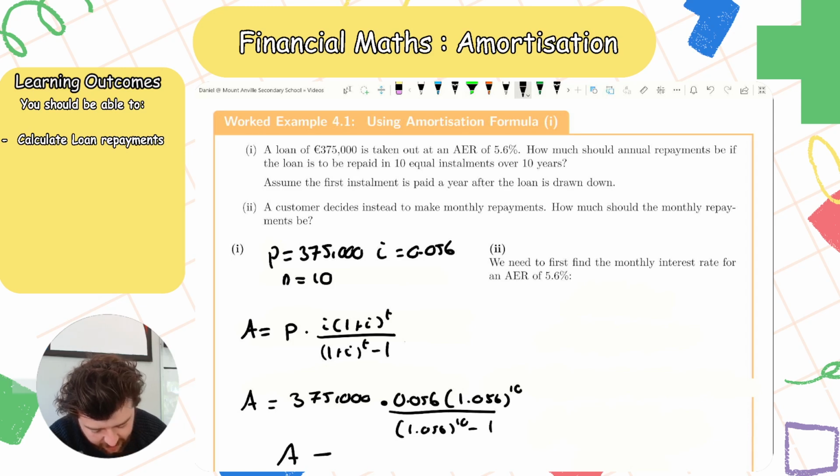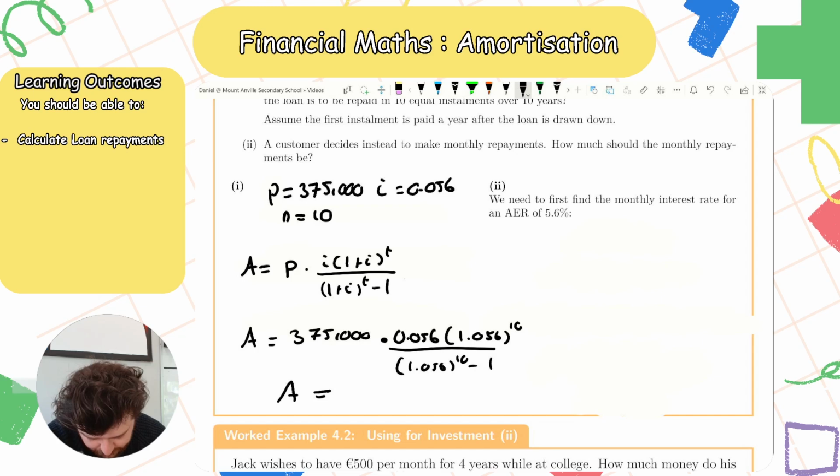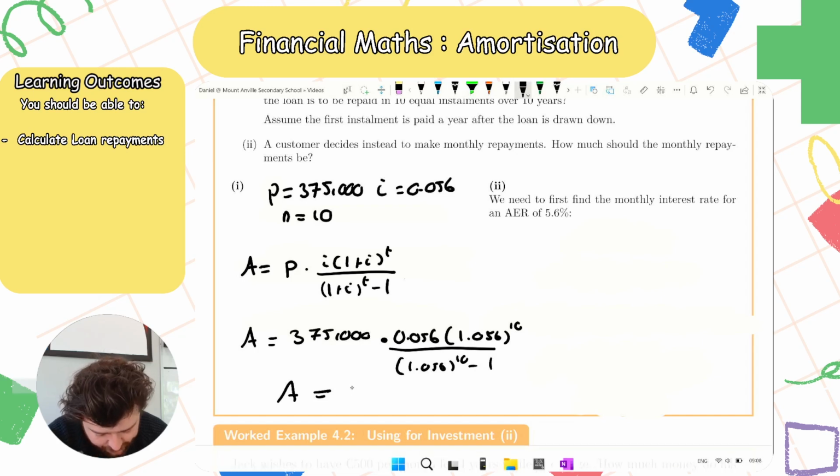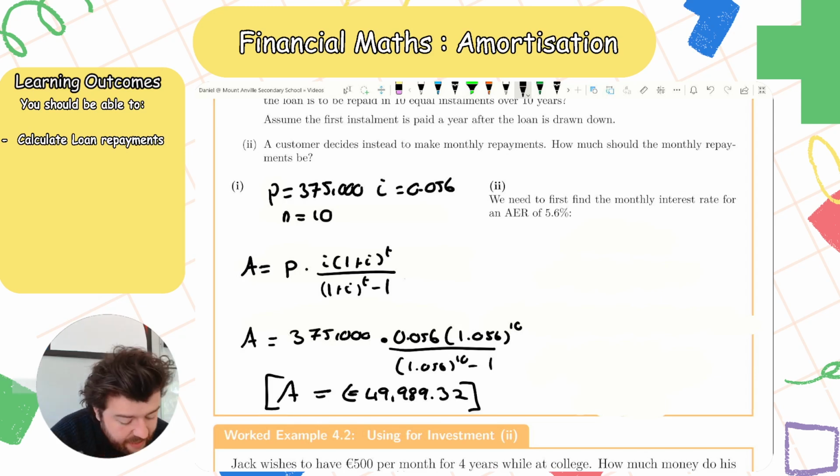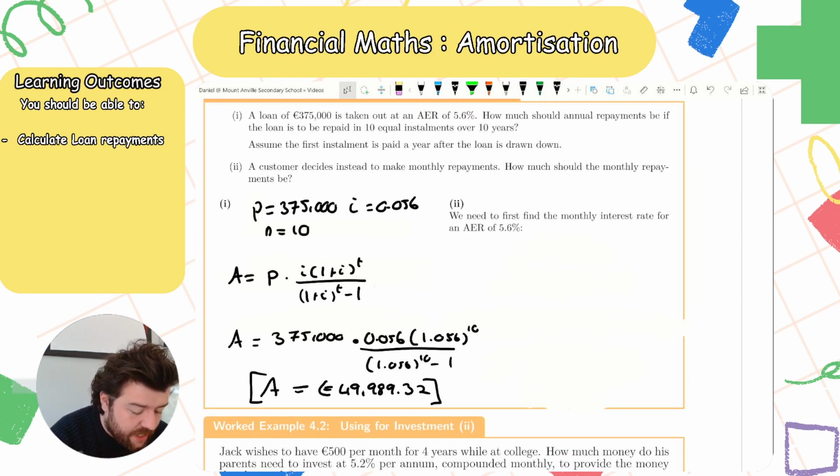Put that in your calculator, and I get A is equal to 49,989 euro and 32 cent. That means I need to pay back 49,989 euro at the end of each year for the next 10 years in order to pay off that loan.